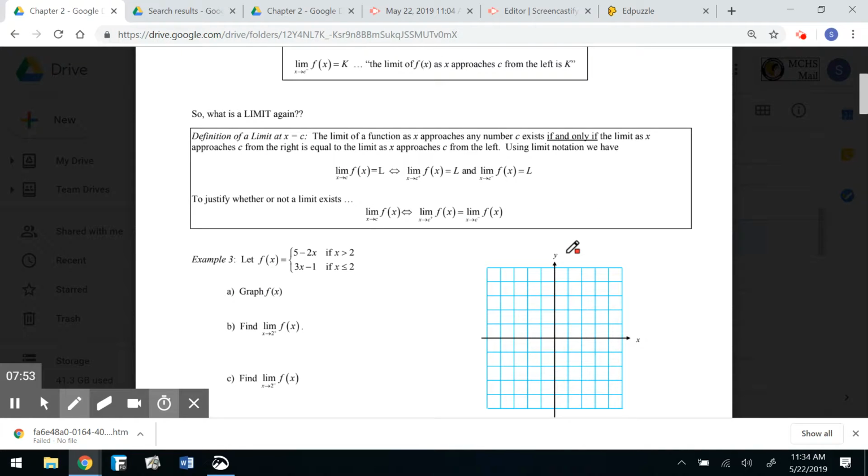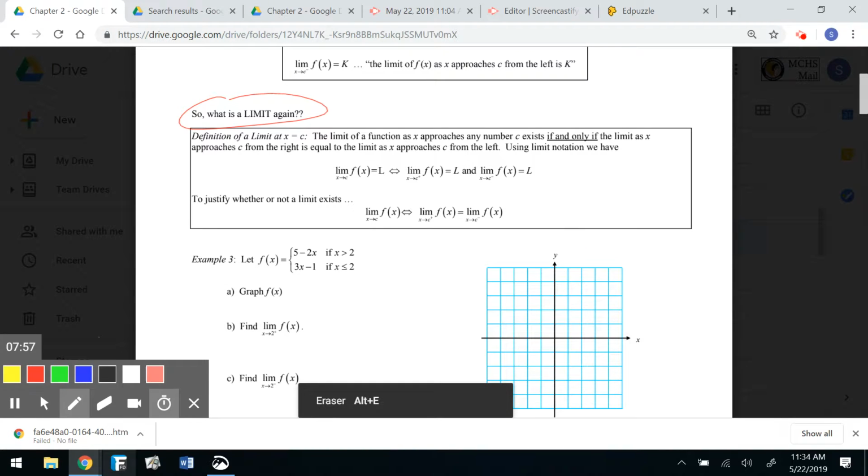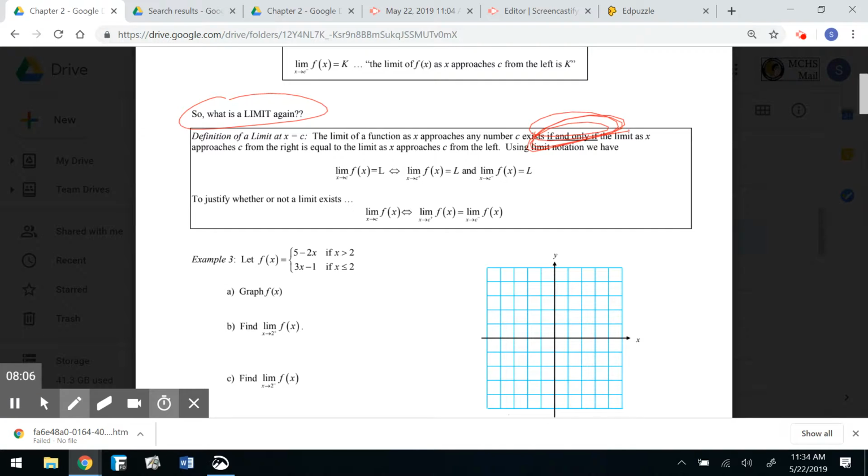So what the heck is a limit again? Definition of a limit as x equals c. The limit of a function as x approaches any number c exists if and only if the limit as x approaches c from the right-hand side is equal to the limit as x approaches c from the left-hand side.